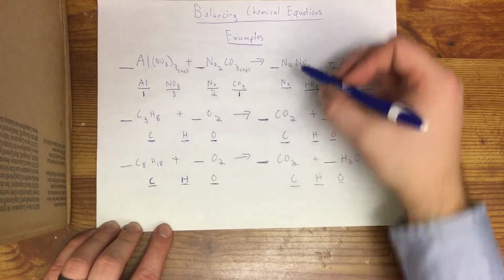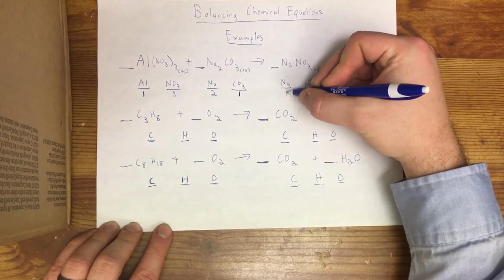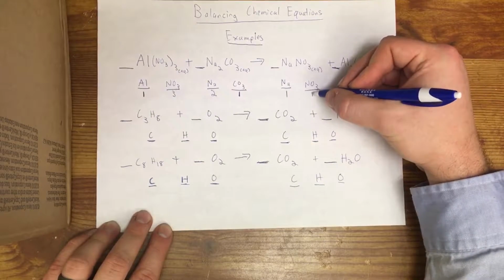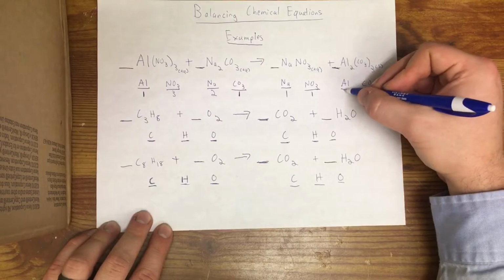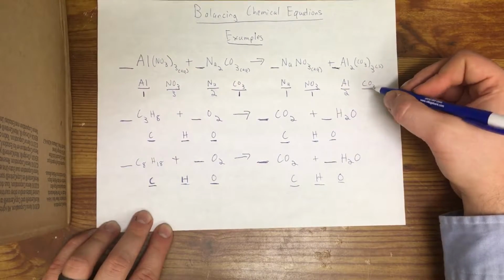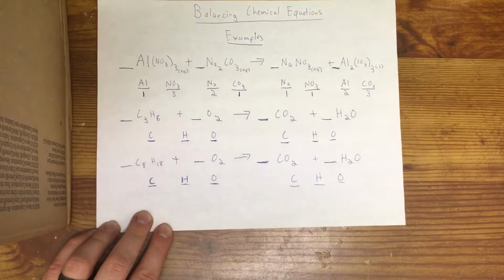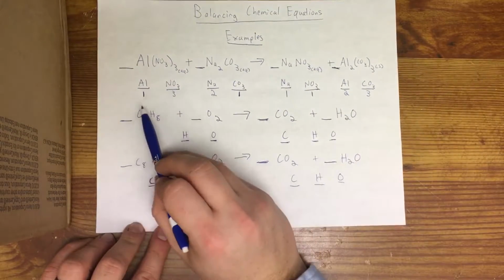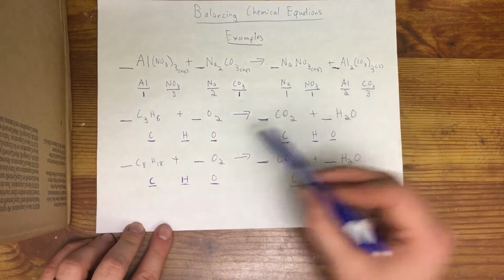And then on the product side, we have 1 sodium, we have 1 nitrate molecule, 1 NO3, we have 2 aluminum atoms, and we have 3 carbonates, 3 CO3s.